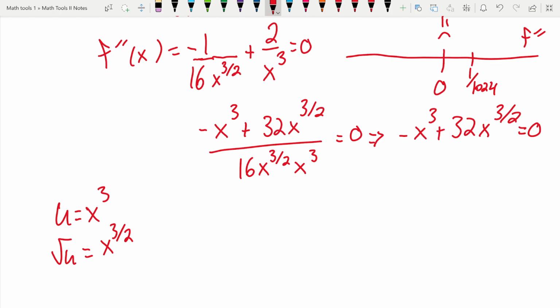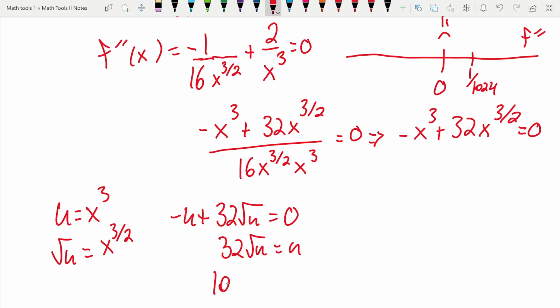I already did this wrong once when I was working around it, so this is attempt 2. So let's see, we have negative u plus 32 root u equaling 0. Then we could do 32 root u equals u, and square both sides. This is 1024 u equals u squared.